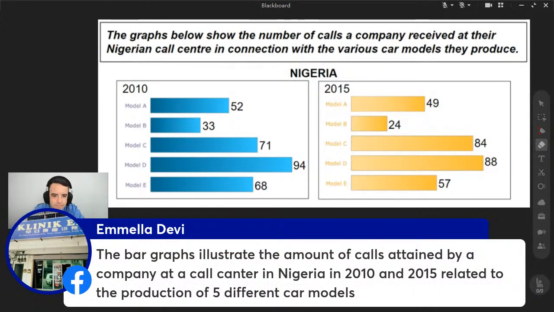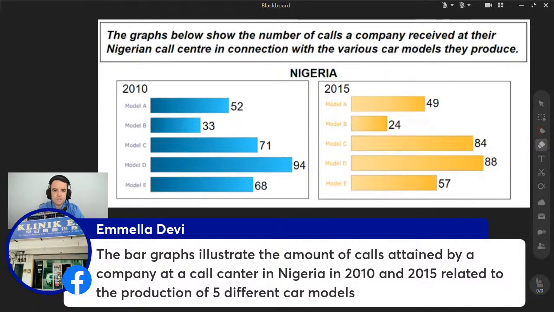And Amila, the bar graphs illustrate the amount of calls attained by a company at a call center. So it's their call center. So a company's, I'd go apostrophe S, a company's call center in Nigeria in 2010, 2015 relates to the production of 5 different car models.